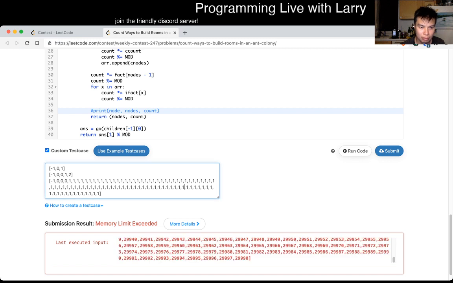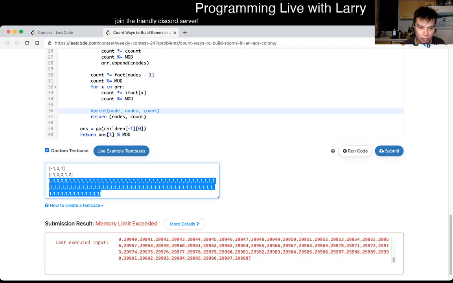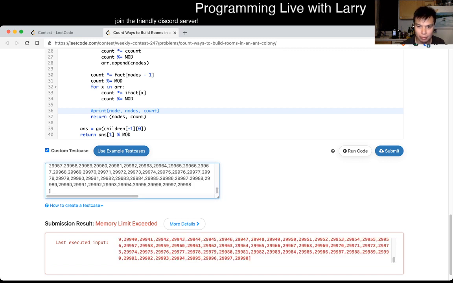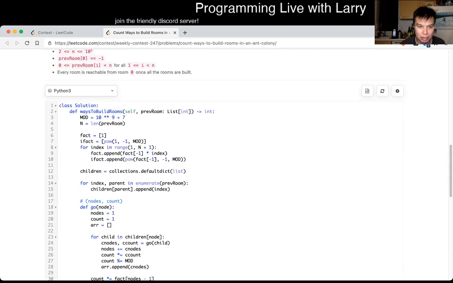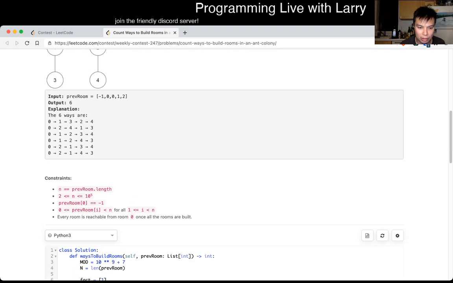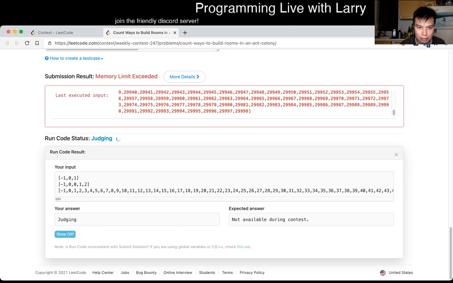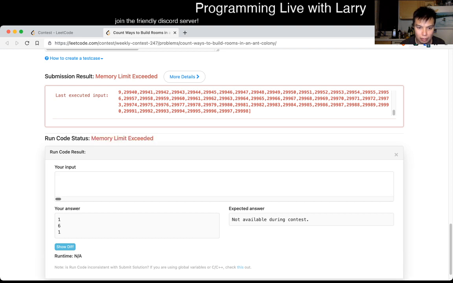I mean, it's just recursion, and I guess this goes through the depth a lot. That sucks, though.